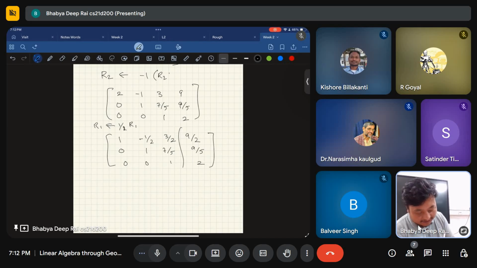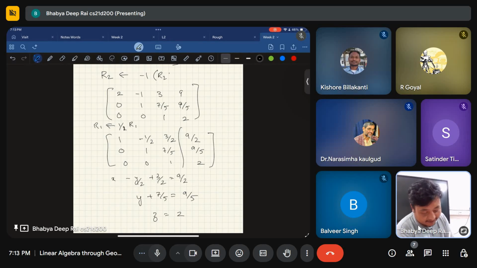At this point, I can just say that z equals 2, and then this guy, okay, I'll write it in order, that is x minus y by 2 plus 3 by 2 z equals 9 by 2, y plus 7 by 5 z equals 9 by 5, and z equals 2.